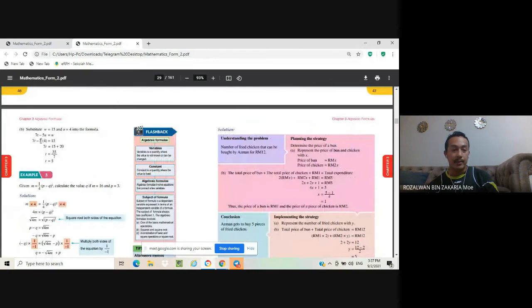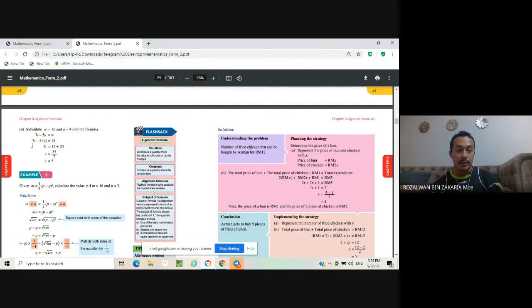So next, look at B. Substitute W equals 15 and U equals 4 into the formula. So what happened? The formula is 7T minus 5U equals W. Then this W you substitute with 15, and this U you substitute with 4. Remember to put the bracket here because 5U means 5 multiplied with U. So we write 5, substitute U with 4, put the bracket.